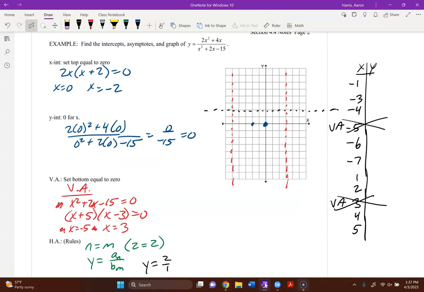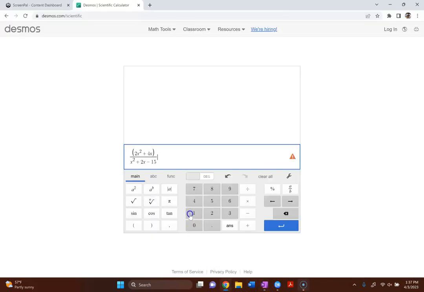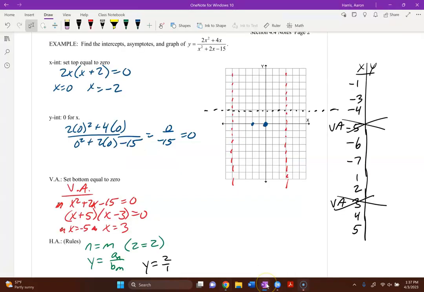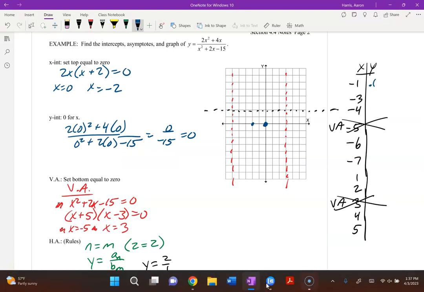We're throwing in negative 1, negative 3, negative 4. Anyways, it gets kind of tedious. Let's throw our negative 1 in, and I get 0.125.